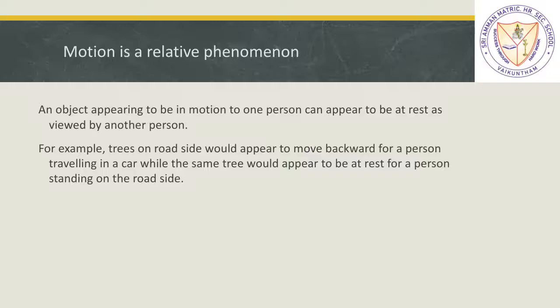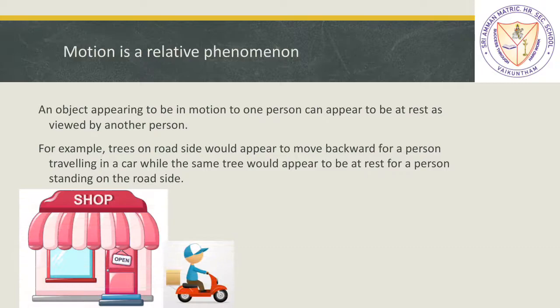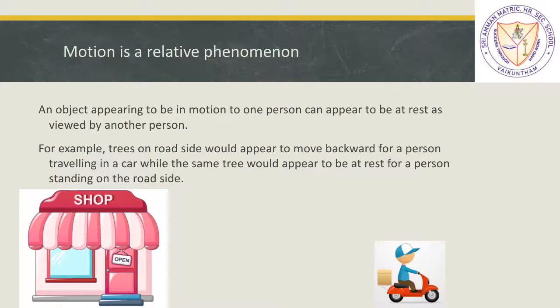We all know that the trees will be at the same place, but whenever you're traveling, you see that the trees are moving backwards, right? That means you feel that the trees are moving. But the same tree will be at rest for another person who is standing by the roadside. That's why we say that motion is a relative phenomena.